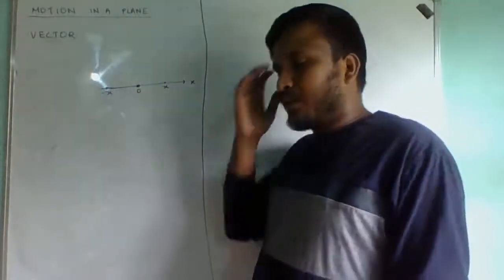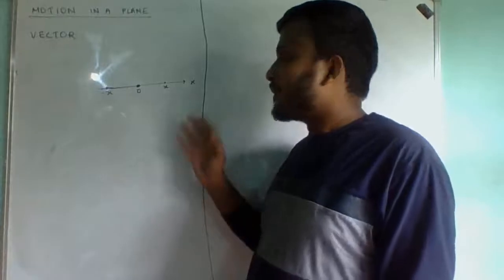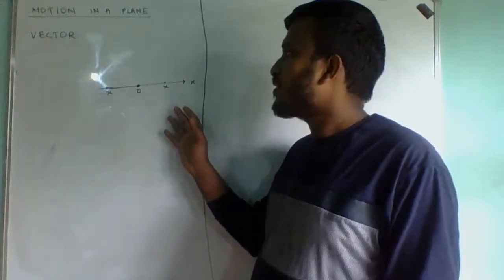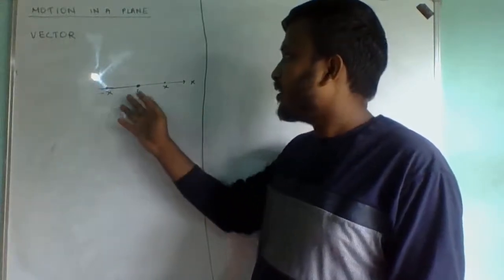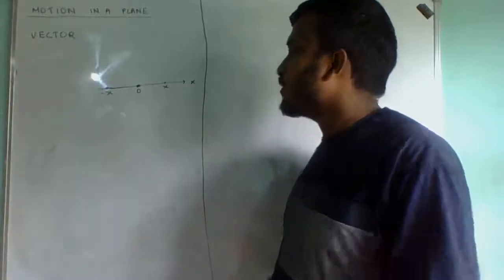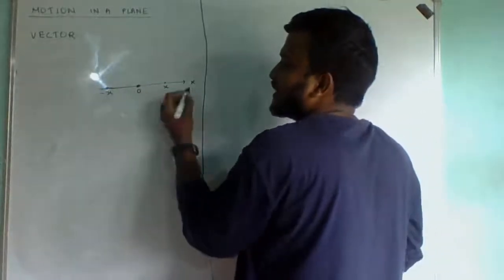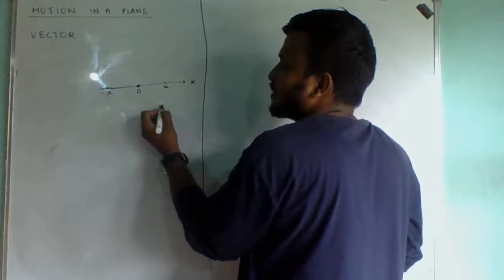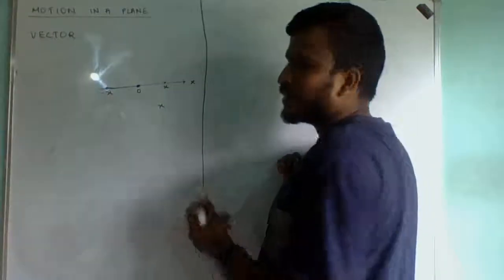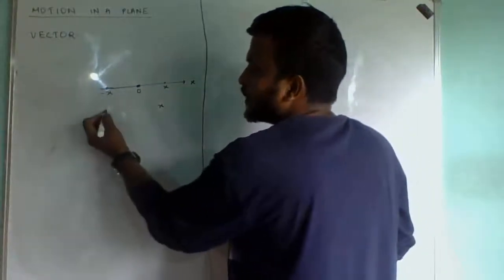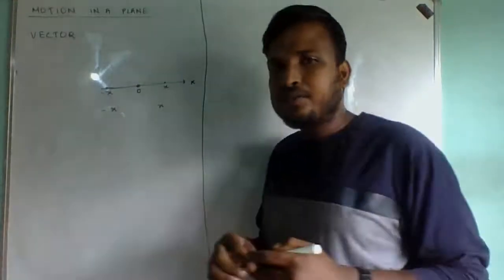So if you want to represent any parameter on the x-axis, suppose I am representing displacement. Displacement in this direction will be equal to x, so it is going in the positive x-axis. But if I put minus x, it will indicate the direction.